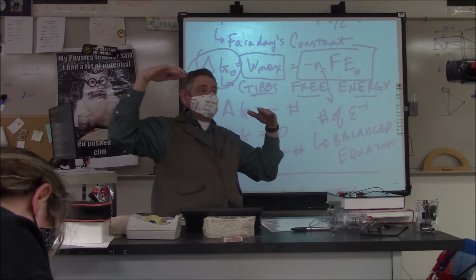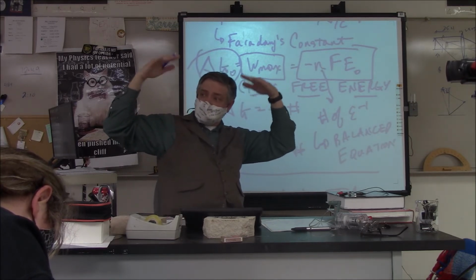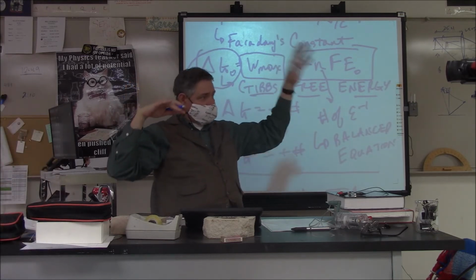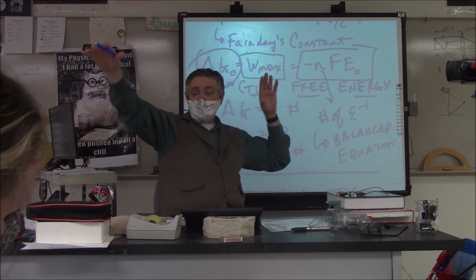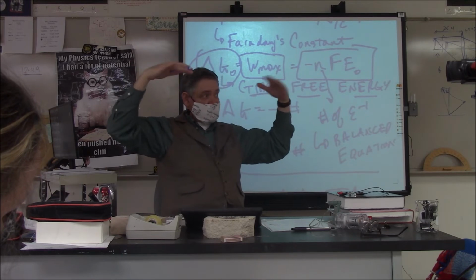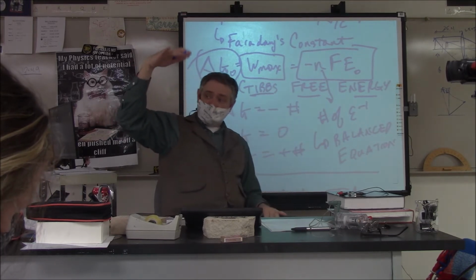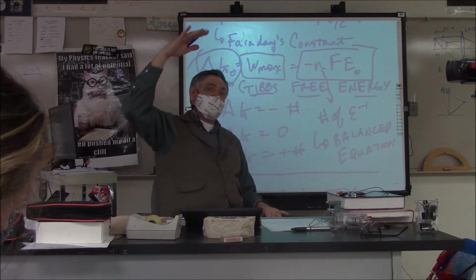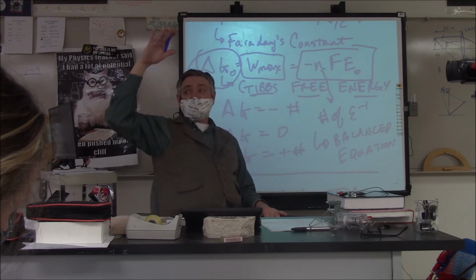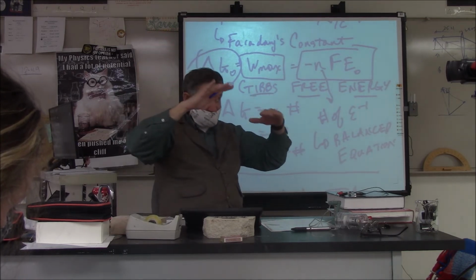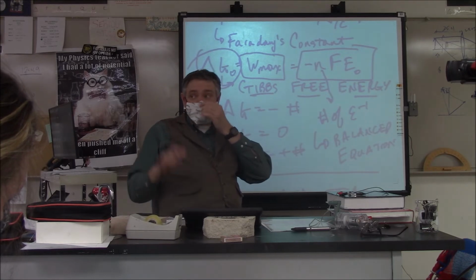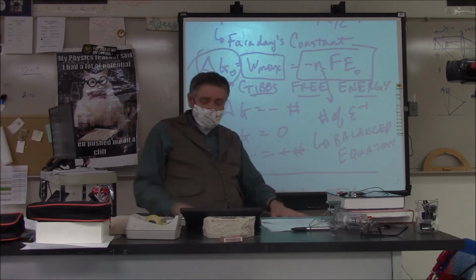So when you equalize the half reactions, maybe one is 5 and the other one is 2, and you multiply them together, you'd have 10 electrons. So that N is the number of electrons from the balanced two half reactions. That's the number that you have to have.